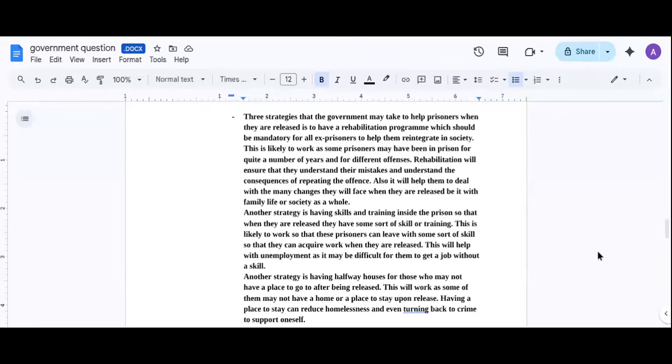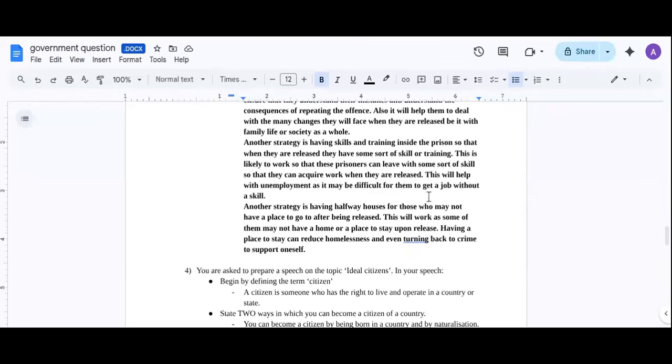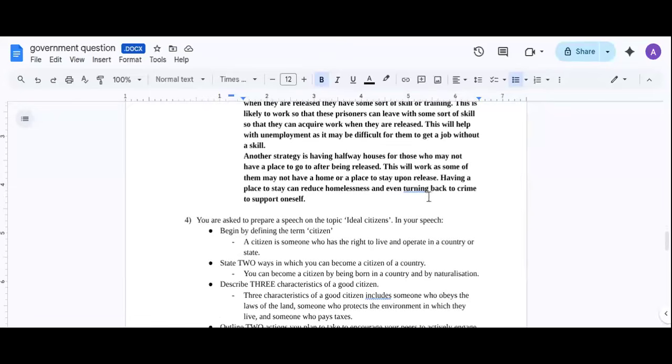Another strategy is having halfway houses for those who may not have a place to go after being released. This will work as some of them may not have a home or a place to stay upon release. Having a place to stay can reduce homelessness and even turning back to crime to support oneself.